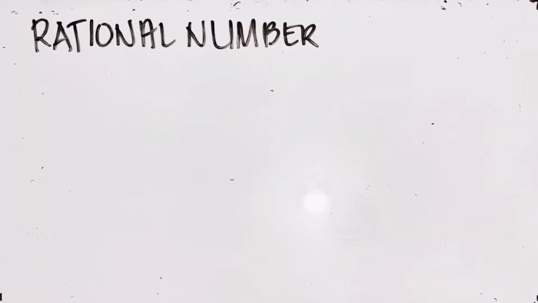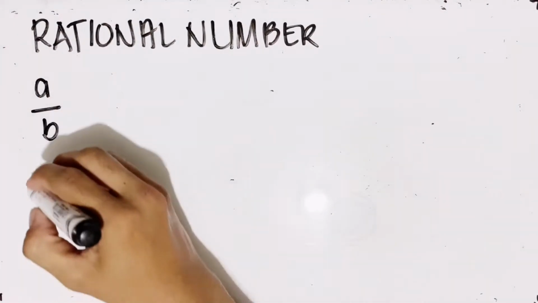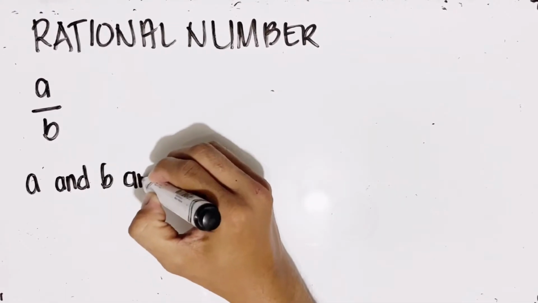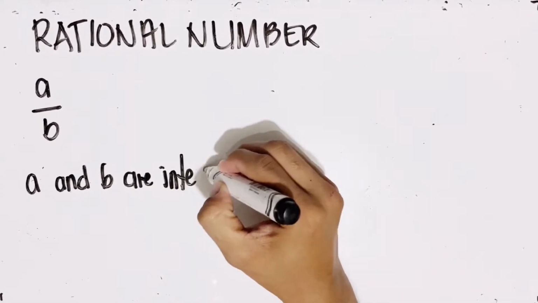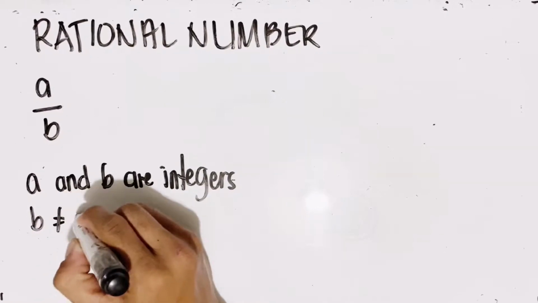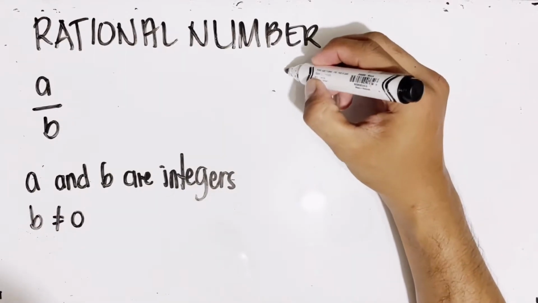Rational numbers are all numbers that can be expressed in the form of A over B, where A and B are integers. B also should not be equal to 0. Now, let's have some examples of rational numbers.